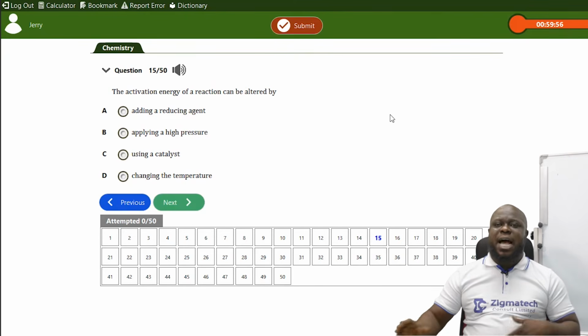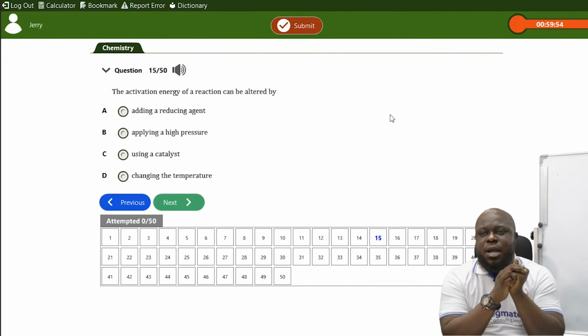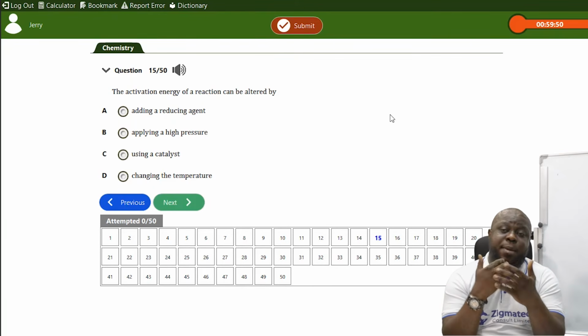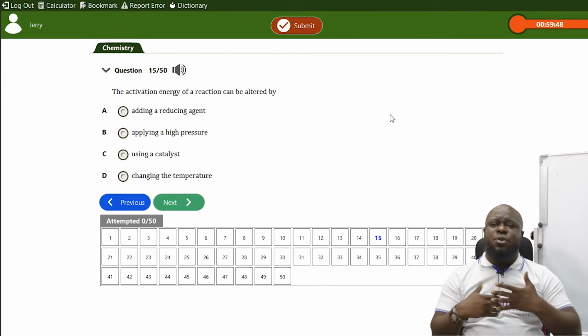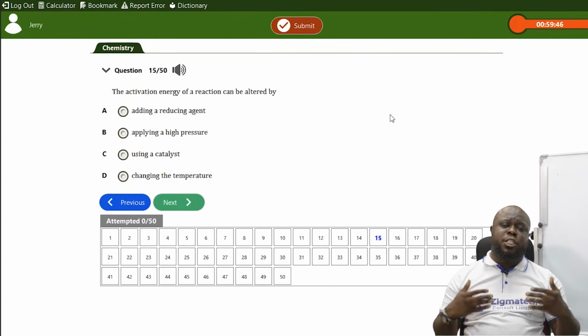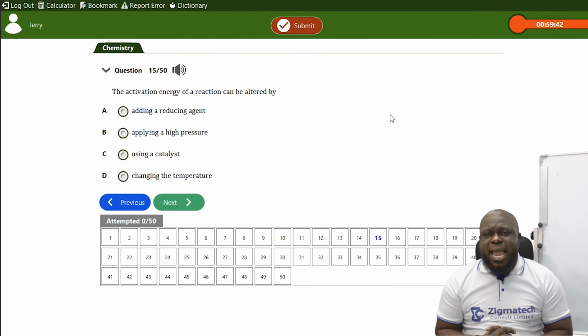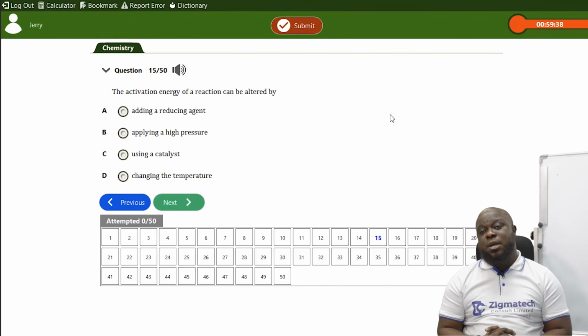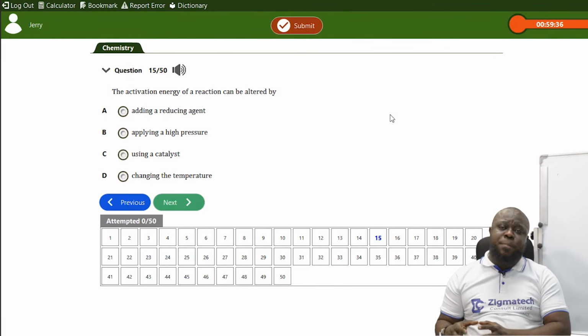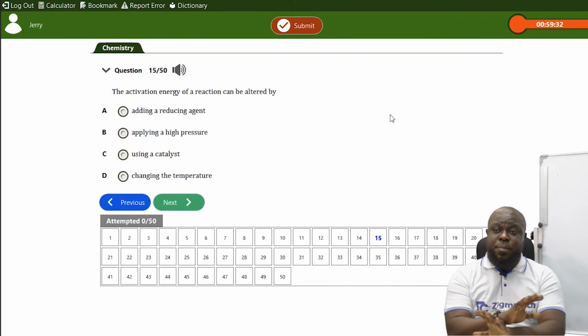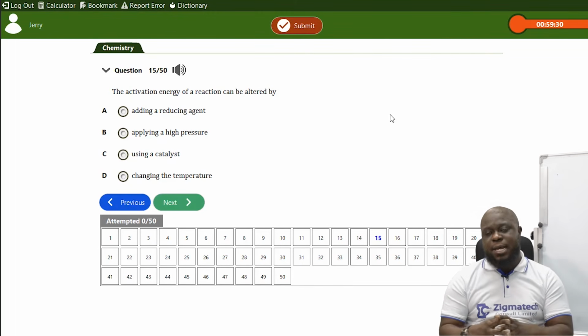Question 15 says the activation energy of a reaction can be altered by... I told you in the prelude of chemical combination that for a reaction to speed up, a catalyst must be involved. The catalyst will speed up the reaction, and it remains unchanged. It will not be consumed by the reaction.